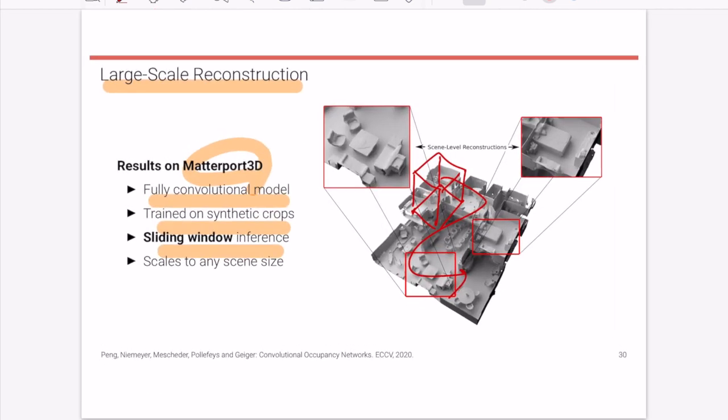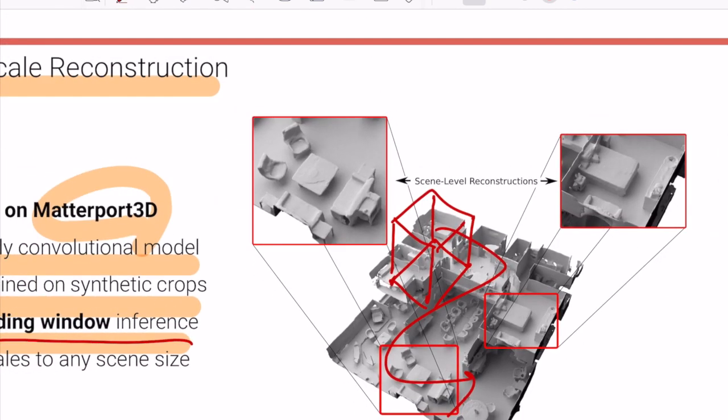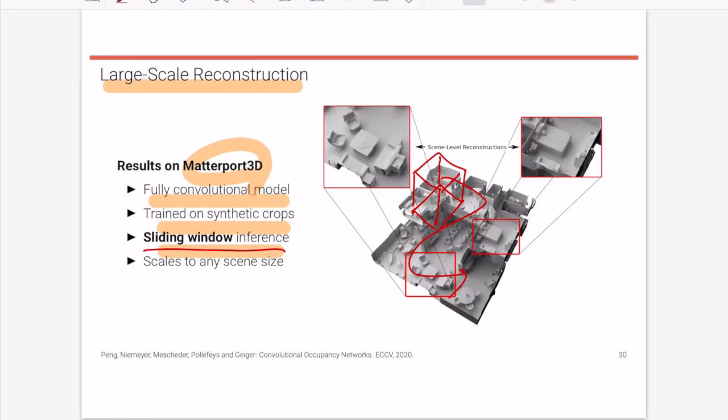So inference at each, in this case tensor, sequentially, because it's really hard to represent this large scale scene directly. So which means it scales to any size by just considering sliding window inference, even in training.